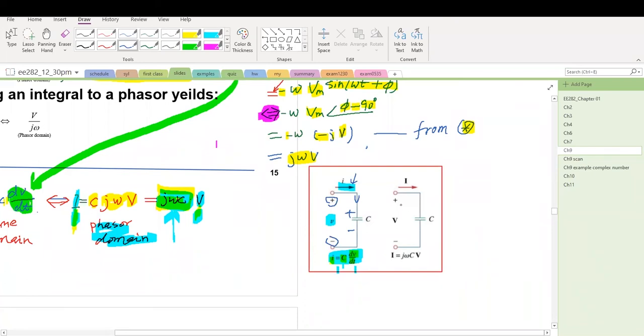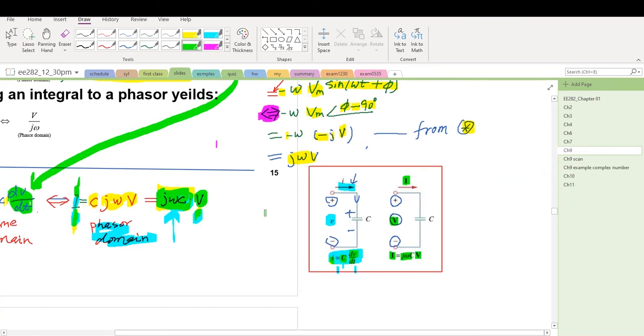In the complex domain, we follow the same concept of passive sign convention. You can see this is a capitalized bolded letter, that's a phasor. Capitalized bolded I equals j omega C multiplied by V. This is exactly what we just derived.